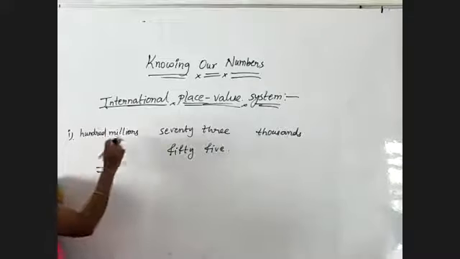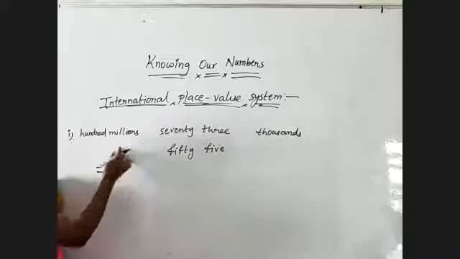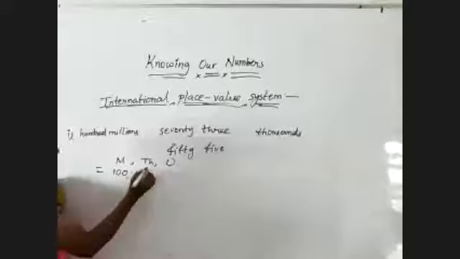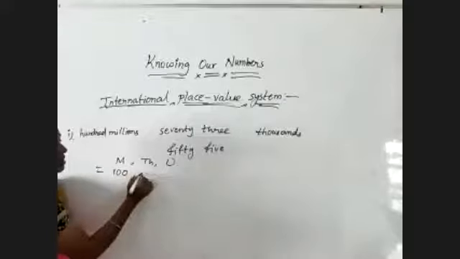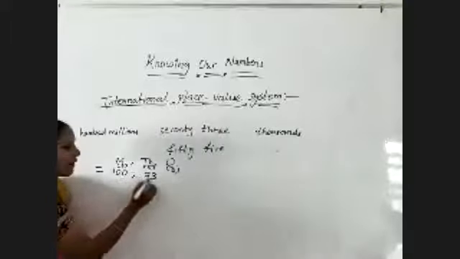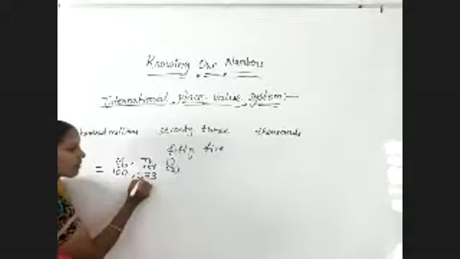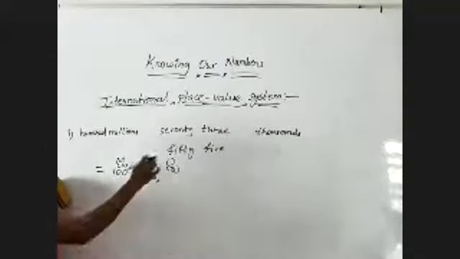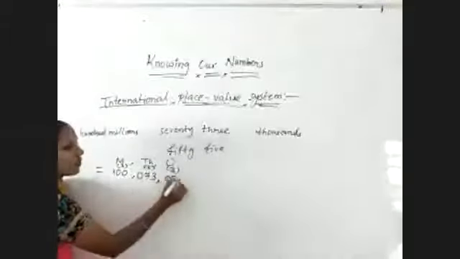Just observe here, millions given, so it is again the international place value system. First, list the main periods in the international place value system. Coming to the million place, 100 million. Then 73 thousand. We get only 2 digits, but in each period we must get 3 digits. That's why 73, right? Whatever digit is missing, replace with 0, so 073. And next, 55 in the sense 055. That's all.